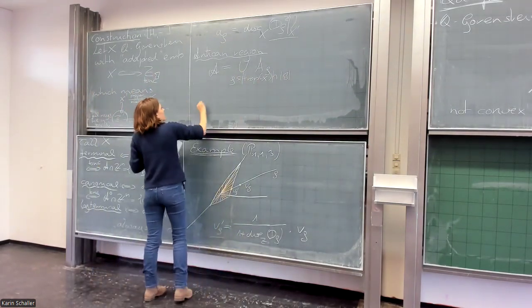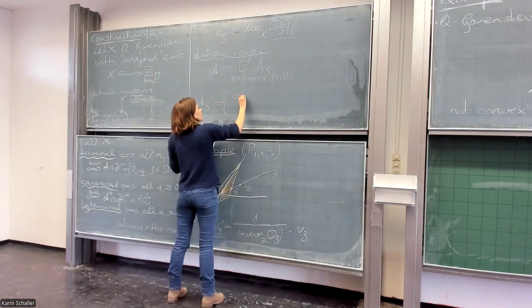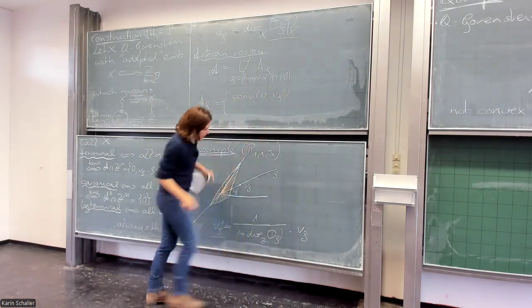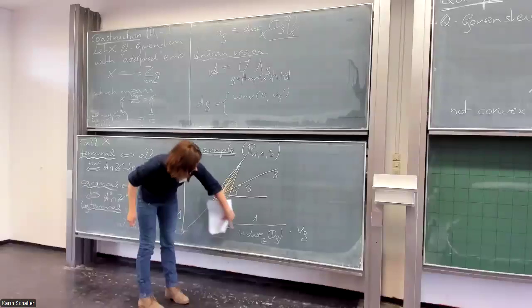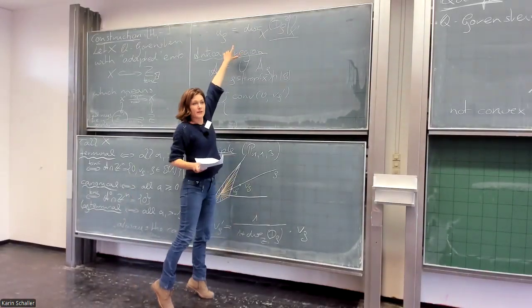And what is R_rho? R_rho is the contact cell of rho and rho prime, where rho prime is calculated as here with the discrepancy replaced with this one.